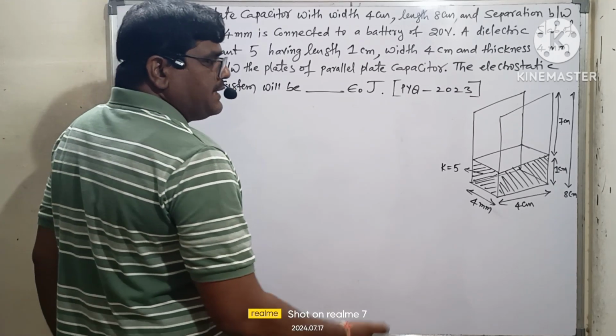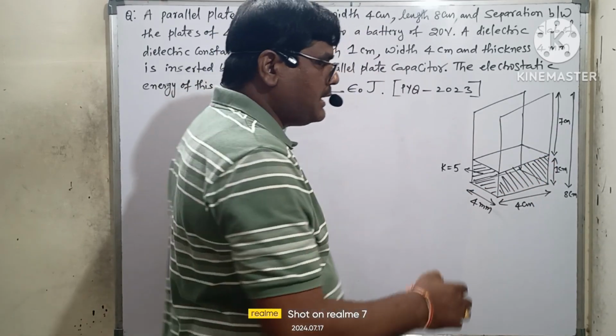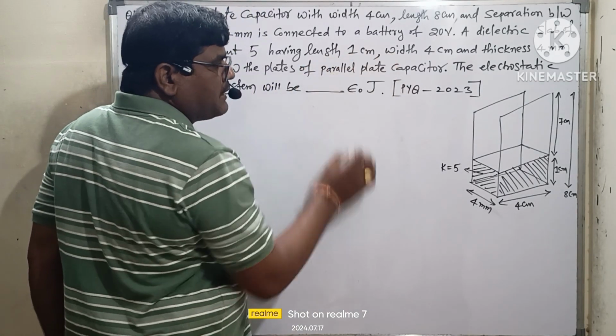And a dielectric here: this is the one dielectric material, having these dimensions. Length of this one is 1 centimeter.